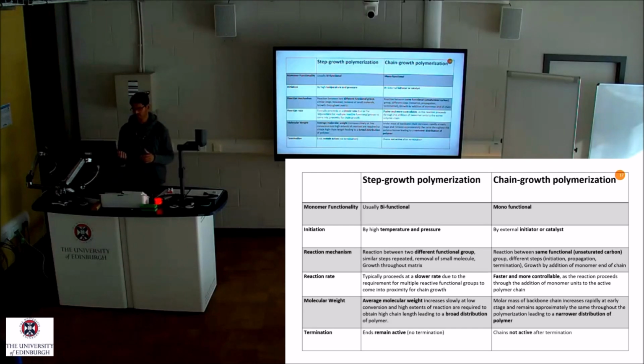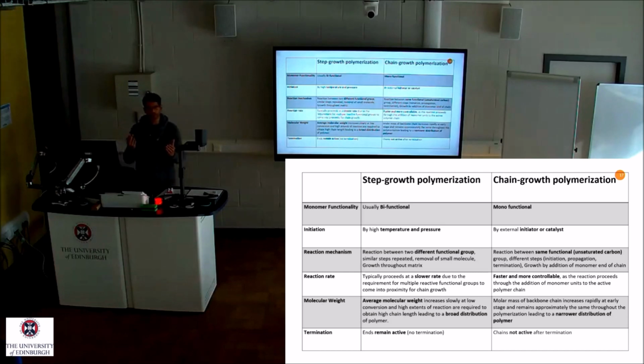In case of chain growth, you need to add some kind of initiator, like radicals or a catalyst, in order to start the reactions. The mechanism in SGP is usually between different functional groups, the same step over and over. Whereas in CGP, you are just adding the monomer one by one to the same growing chain.